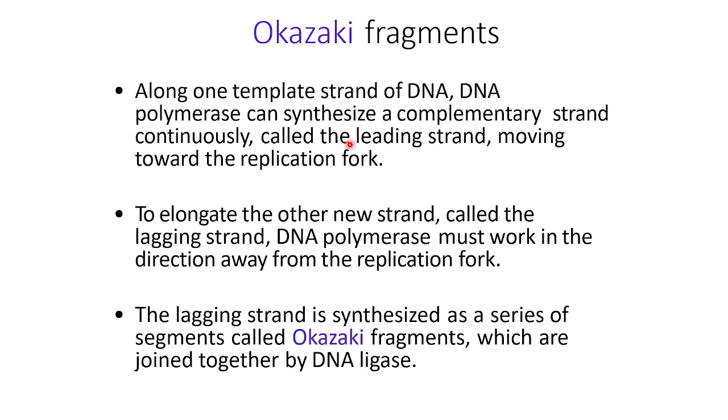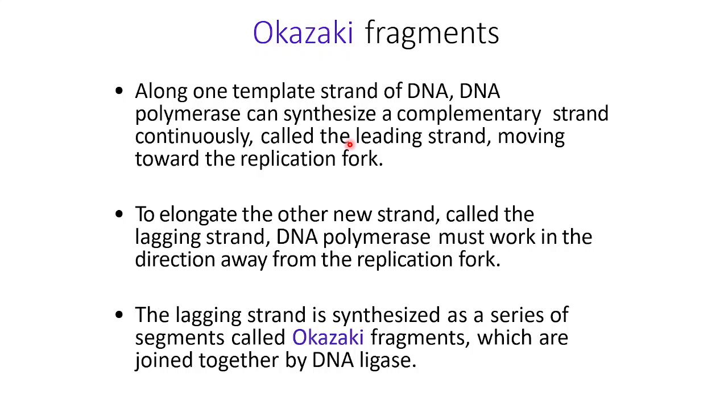But just as I was saying, DNA polymerase can elongate only in one direction. That means if it has to generate something for the 5' to the 3' strand, then it has to generate small fragments, because it cannot generate from the 3' to the 5' end.